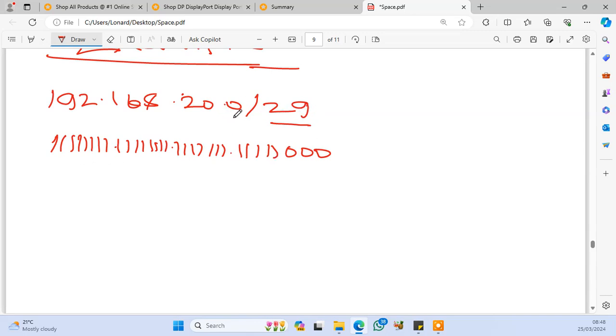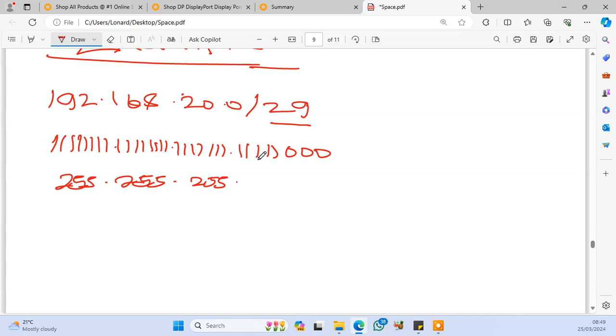If I were to write the subnet mask in decimal number, this one here would be 255, 255, 255. Then this one here is 128, 128 plus 64 gives us 192.